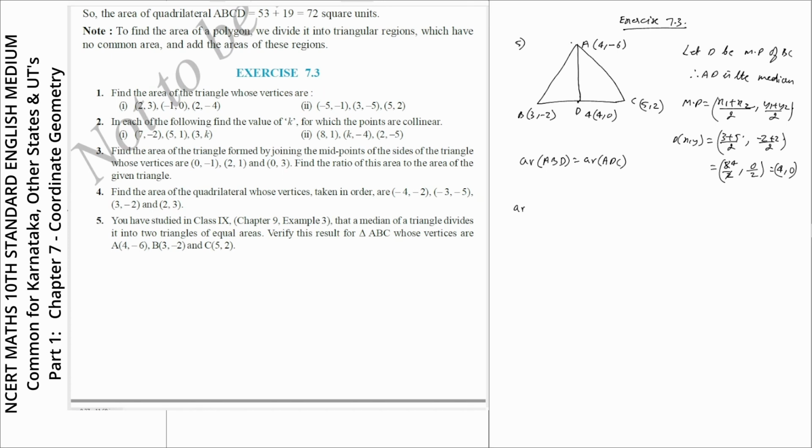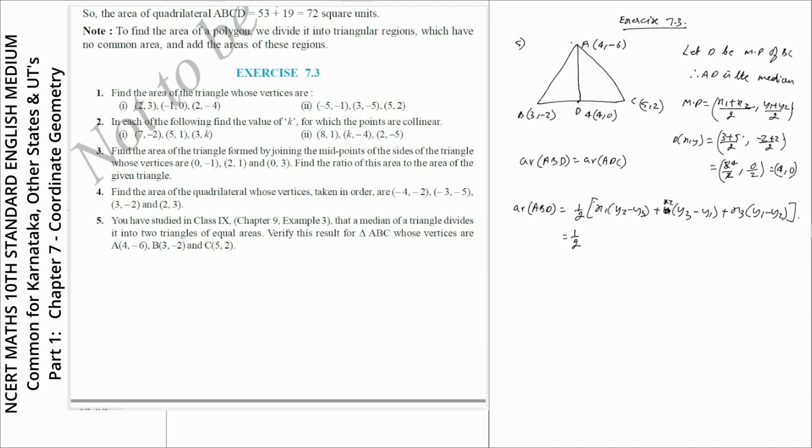So now area of triangle ABD is given by, first write the formula. Formula is x1 into (y2 minus y3) plus x2 into (y3 minus y1) plus x3 into (y1 minus y2). This is the formula for area. Now substitute the values.